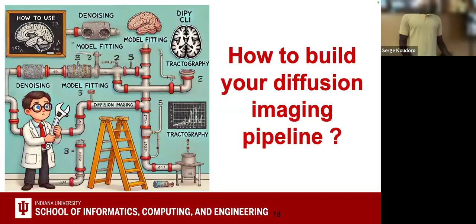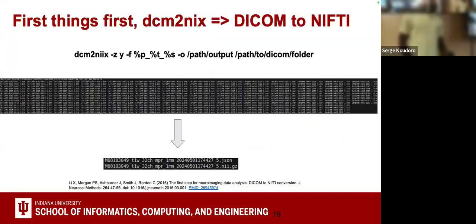So now that we got a big overview, let's move on to how to build your diffusion imaging pipeline. So first, DICOM. I suppose after you get your images, your scan from your scanner, it's very standard to have them in DICOM.